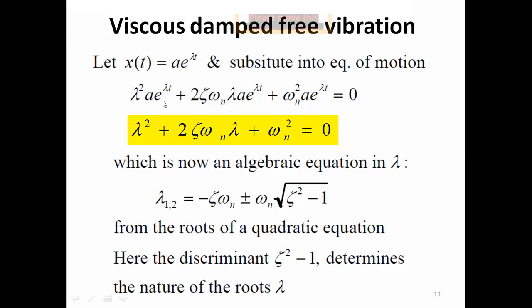So here, as we discussed before, we could take a exponential lambda t common. So inside the parentheses, we would have lambda square plus 2 zeta omega n lambda plus omega n square is equal to 0.